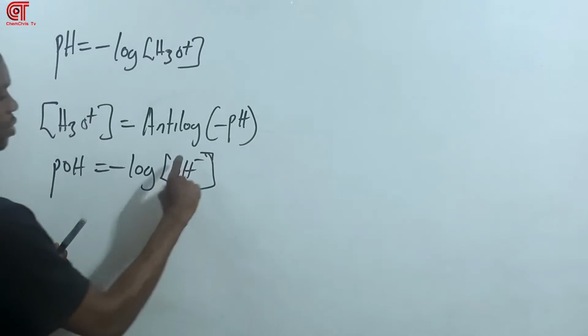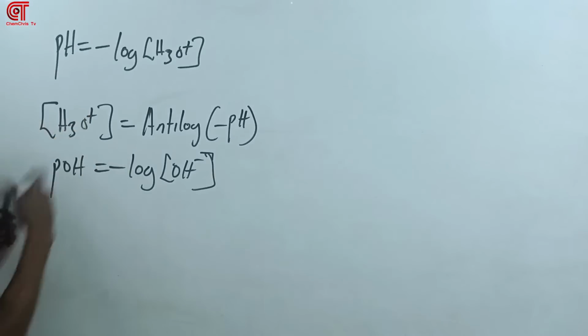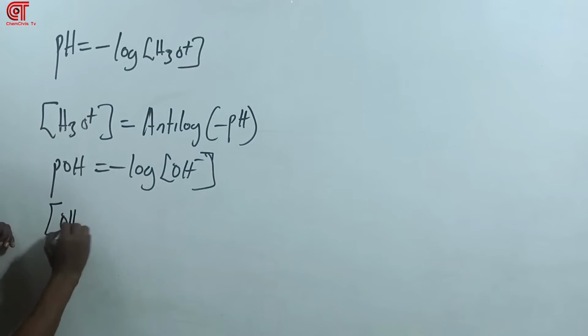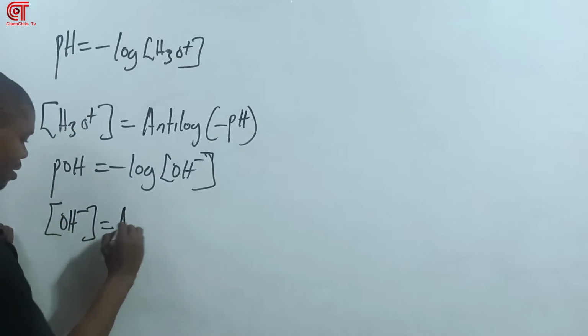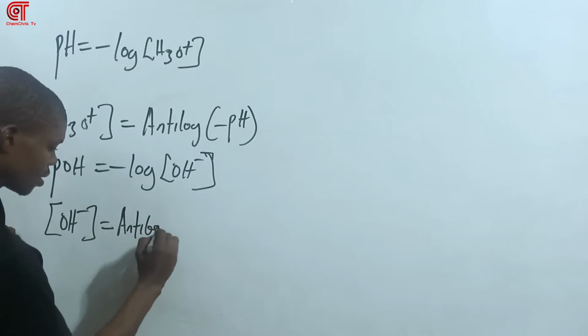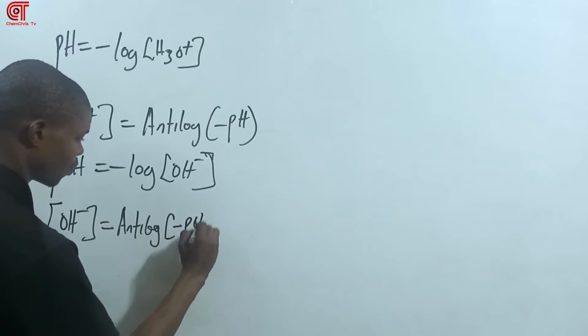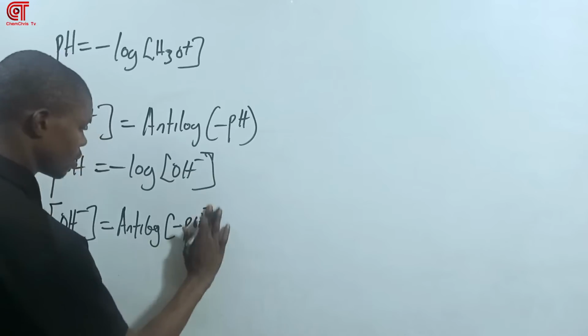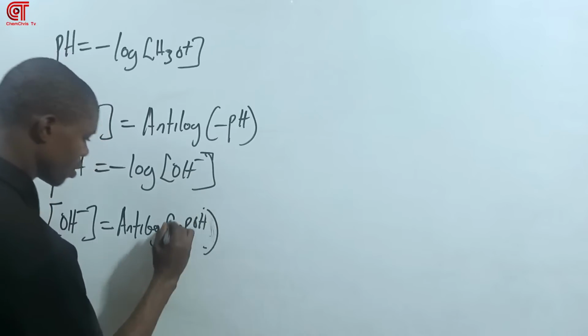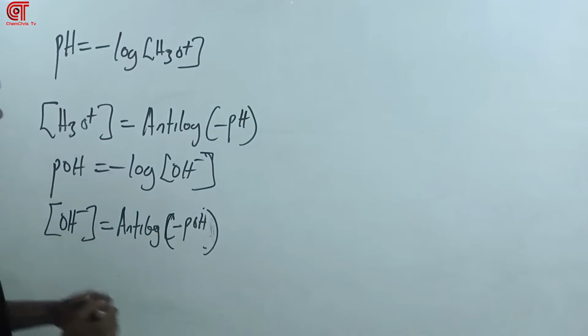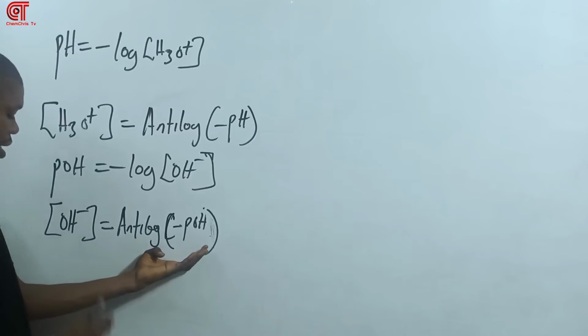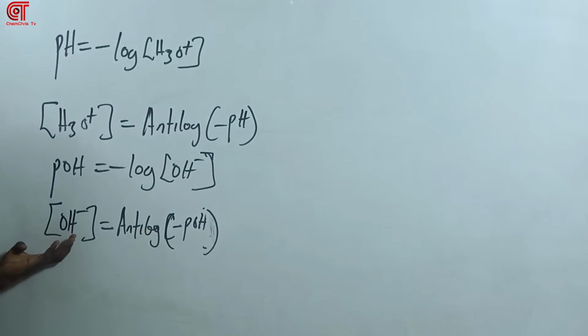Making OH minus the subject of the formula, you have OH minus equals anti-log minus pOH. This is when the pOH is given to you and you are asked to calculate the concentration of the base.